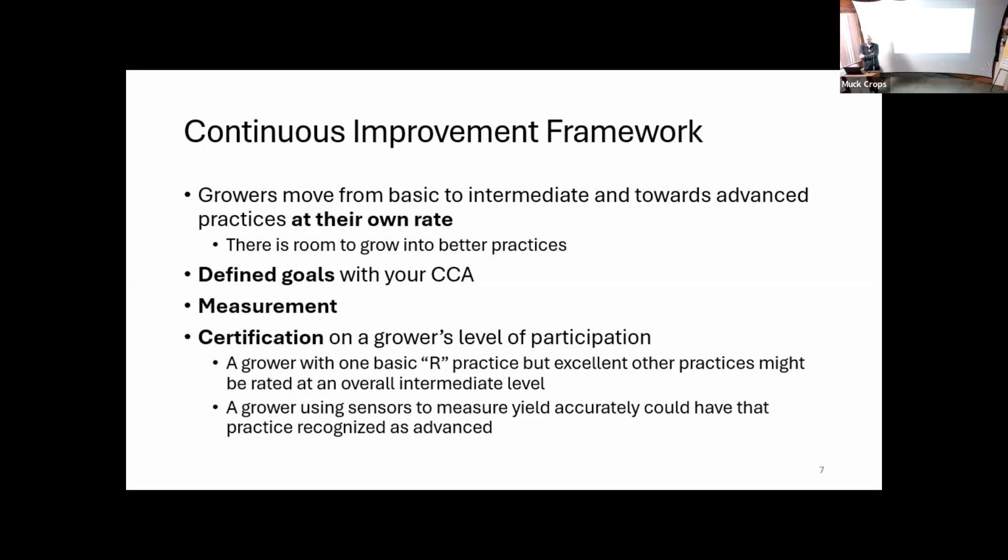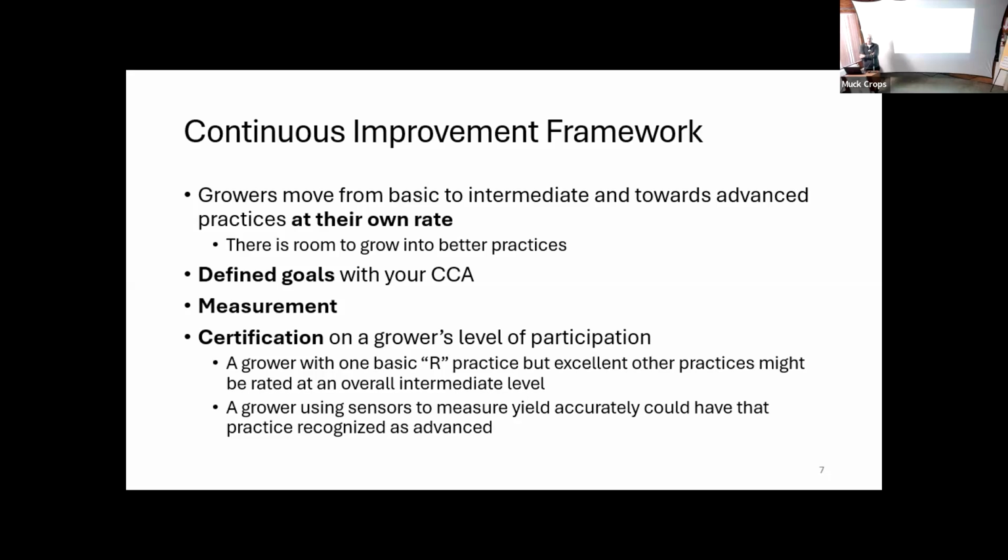But it's still a very basic practice that's at play within the 4R concept. And it's mitigated by using better fertilizer sources, better application timing, so that the nutrients are available to a plant.